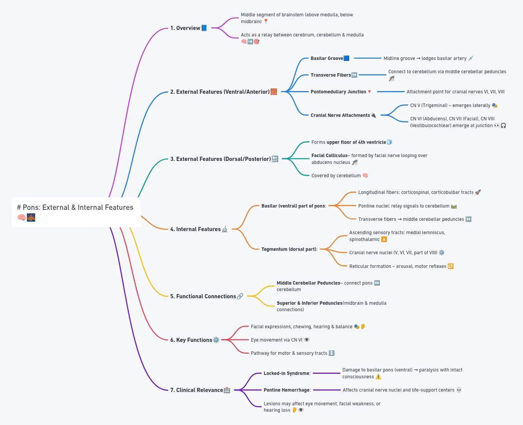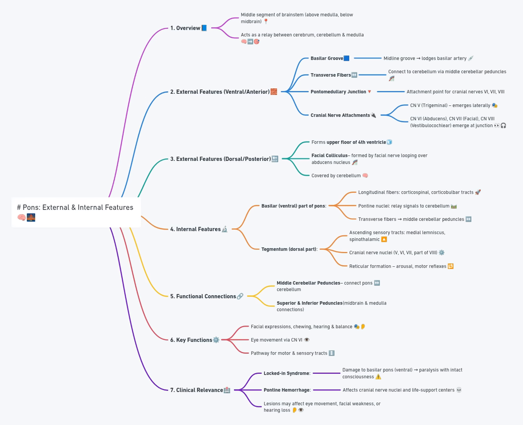The pons receives its blood supply primarily from branches of the basilar artery, including the paramedian, short circumferential, and long circumferential arteries. Lesions in these vascular territories can lead to characteristic clinical syndromes such as locked-in syndrome, caused by bilateral damage to the corticospinal and corticobulbar tracts in the basilar part of the pons.